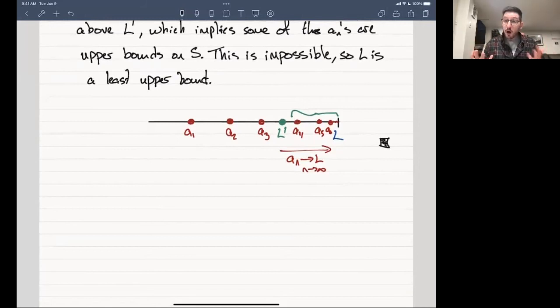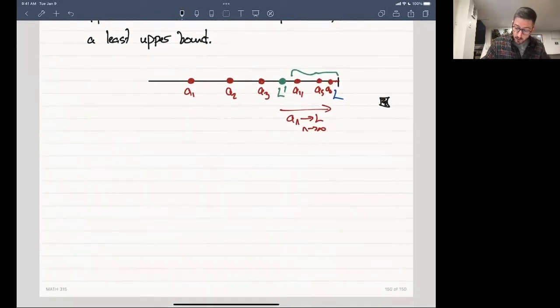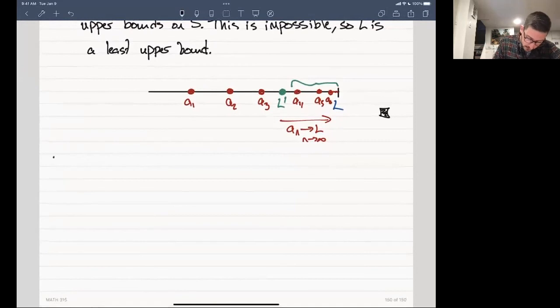Okay, so that was a hard proof, right? That was a lot of work. It took a lot of steps, but we got it. What I want to do, first of all, is immediately address a corollary here. This is an immediate consequence of this.